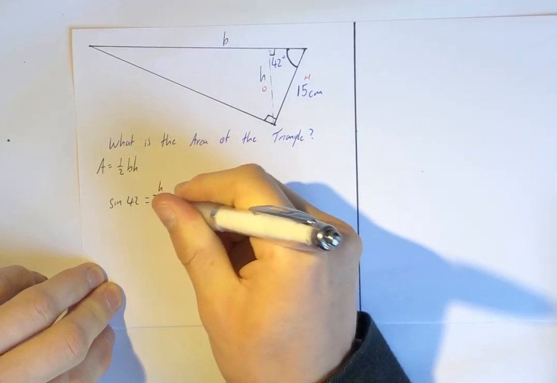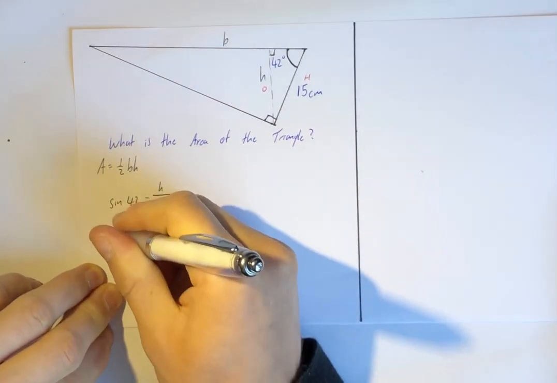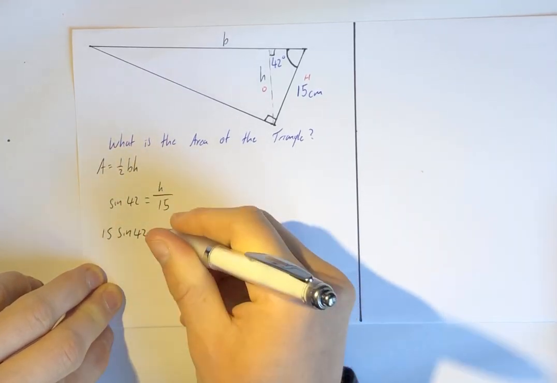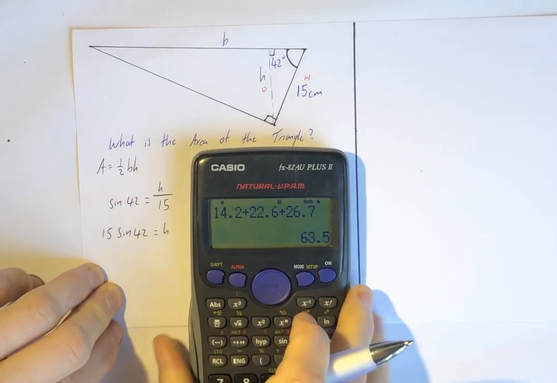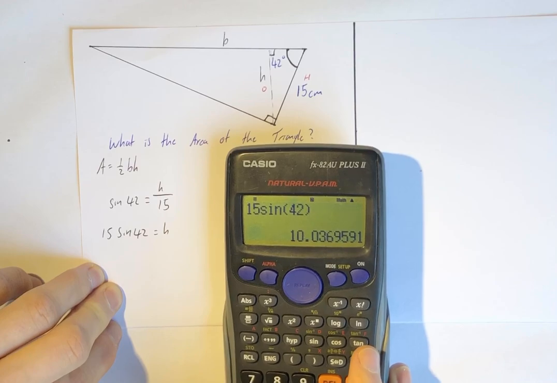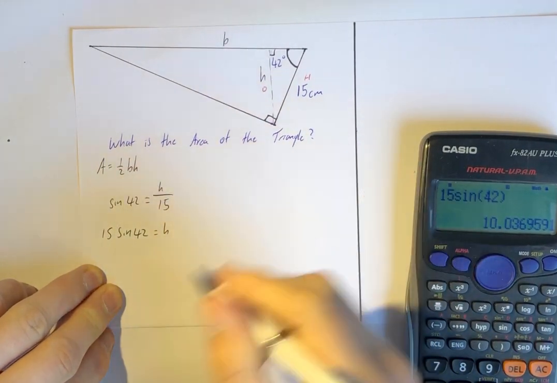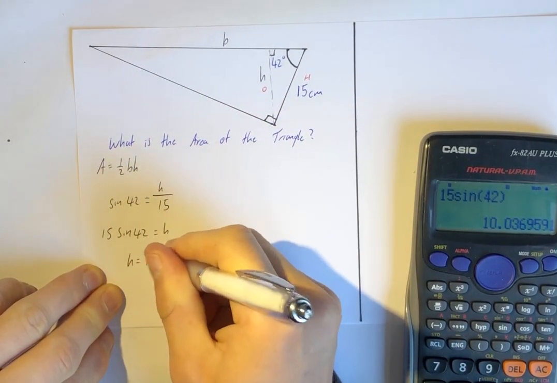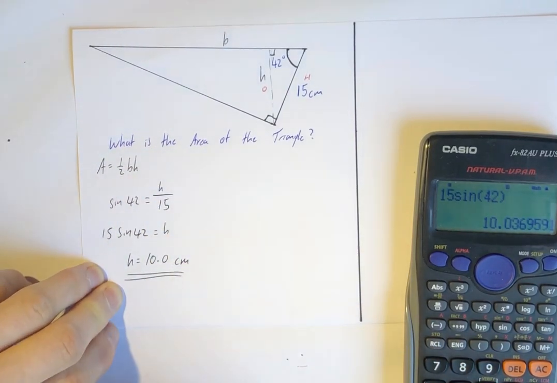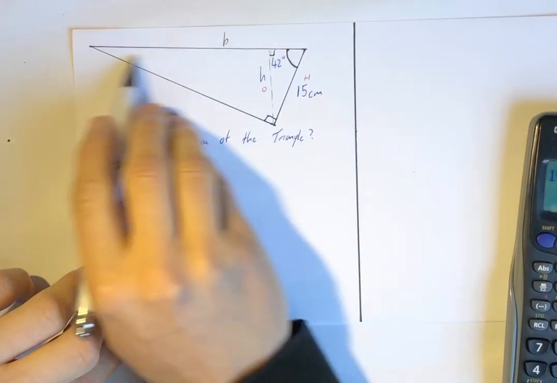So H over 15. 15 sine 42 then, because we'll have to multiply, is going to give me my height. 15 sine 42, 10.0 centimeters. H is 10.0 centimeters. So there's our height. And I just need a base length.